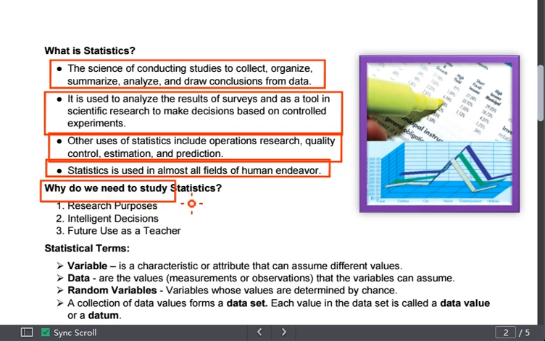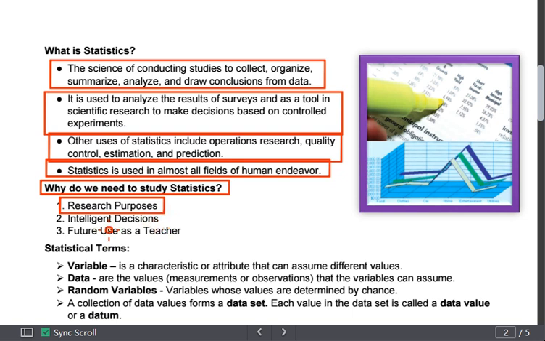Now, why do we need to study statistics? First, for research purposes. So, again, kagaya nga ng sabi ko kanina, you will conduct research in the near future in your BSE third year, okay? That is first semester. The course title is BSEM 35. That is problem solving, mathematical investigation, and modeling. So, doon gagawa kayo ng research.